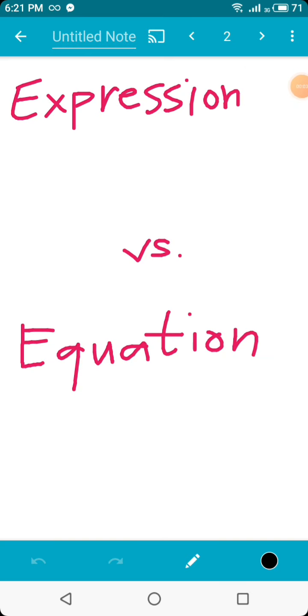Okay, so before tayo mag-solve ng equation, we need first to identify the difference between expression and equation. So, from the previous videos, nalaman natin kung ano yung term, right? Yung term is yung pinagsama nating number and variable. Tama? Pag pinag-multiply natin yung number and then variable, then we have a term.